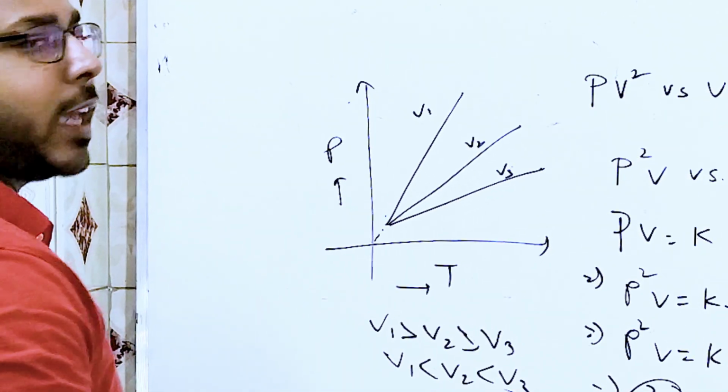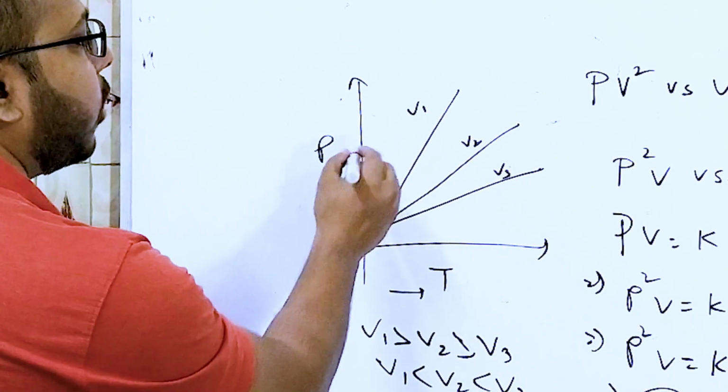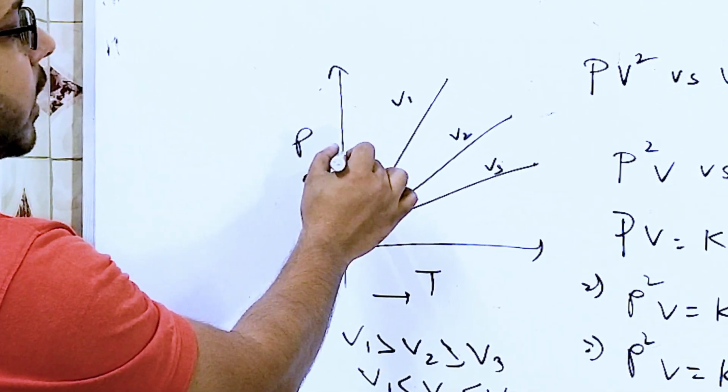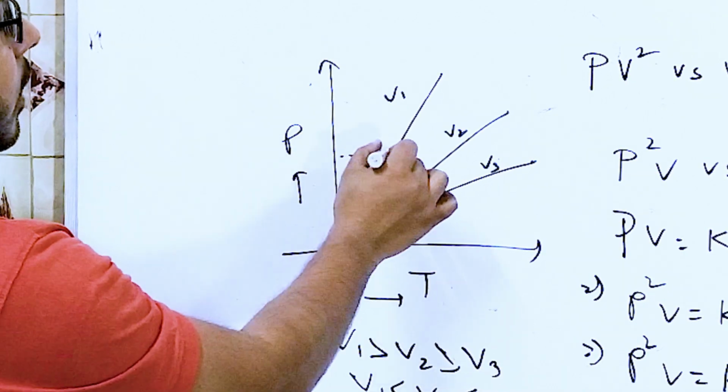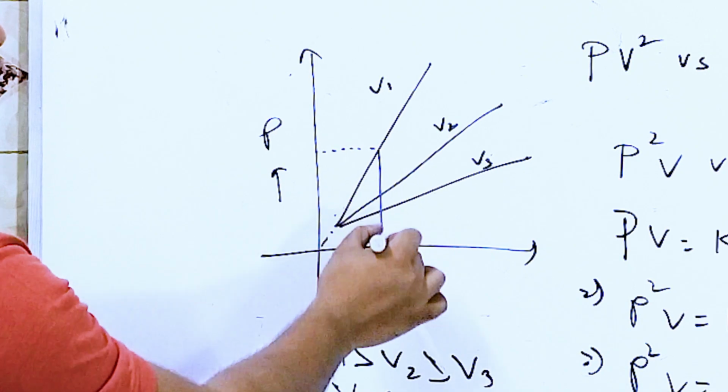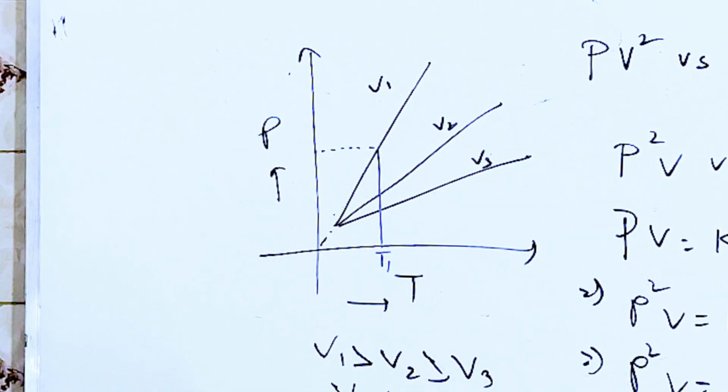Take any P constant. Suppose this point, keeping P constant. If we go here, the temperature corresponding to V1 will be T1.